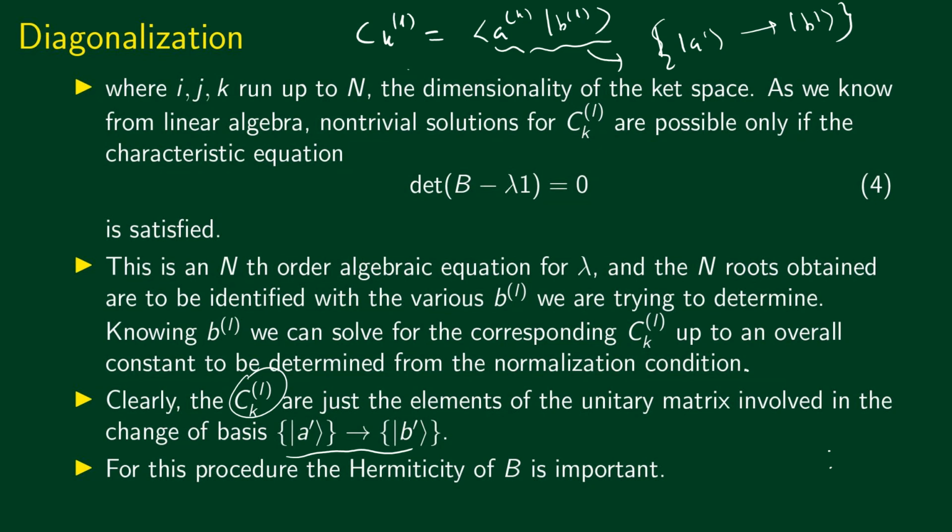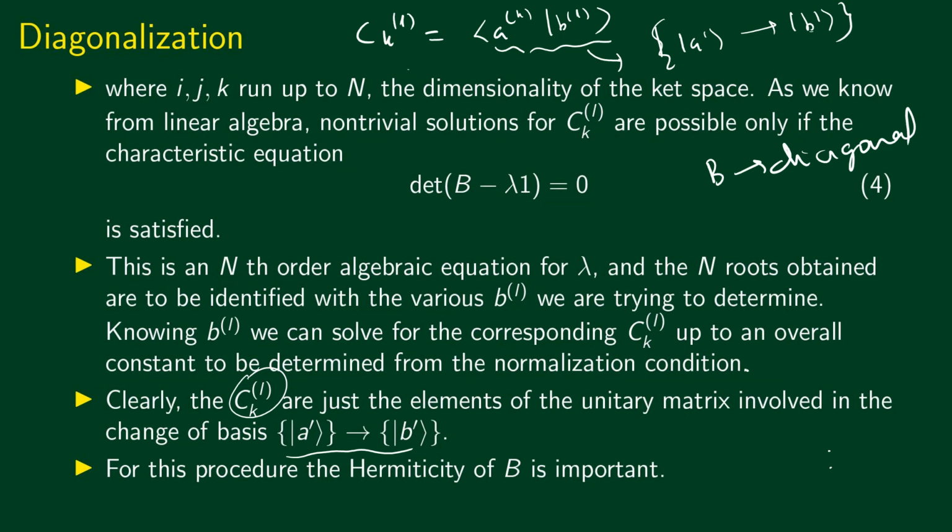But if you go to ket B prime, the matrix B is diagonal. This is the reason why we said earlier that if we have a B which is not diagonal, and we find a unitary transformation that diagonalizes B, it is equivalent to finding the eigenvalues and eigenkets.